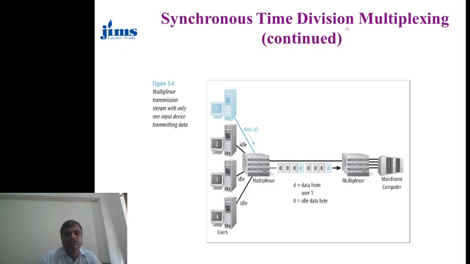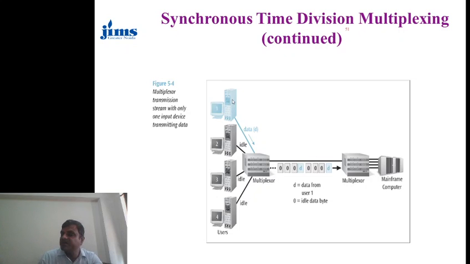Then for synchronous time division, see here 1, 2, 3, 4, there are again 4 computers. Then there is the multiplexer, and see here D has the data and the rest 3 are idle. If idle, it is represented by 0, and data is represented by D. See here D 0 0 0, D 0 0 0. It means the time slot is allocated to all the computers, whether they are idle or transmit something.